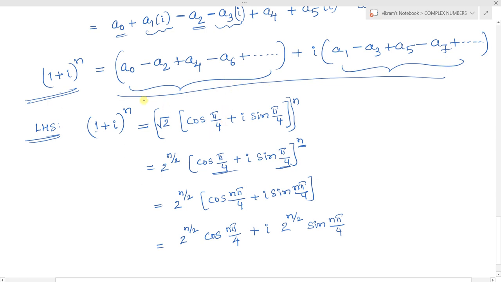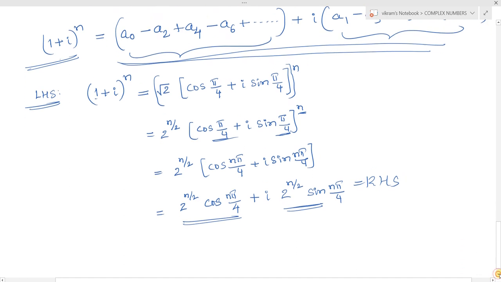If we compare the real parts, 1 plus I whole power n gives a0 minus a2 plus a4 minus a6 as the real part, and the real part here is 2 power n by 2 cos n pi by 4. These two are equal. The imaginary part, a1 minus a3 plus a5 minus a7, equals 2 power n by 2 into sine n pi by 4.